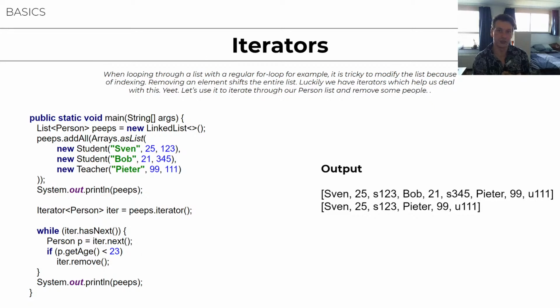That is a list modification, right? Because I'm removing them from the list. And then you can see in the if statement in the while loop, I say iter.remove. So essentially that removes it from the original list peeps. So I think that's the modifying the list you mean, because that iter.remove modifies the original list by removing that element from the list. And it does it safely because it's an iterator, so you don't have index problems. If I'm explaining something wrong, please let me know in the comments.